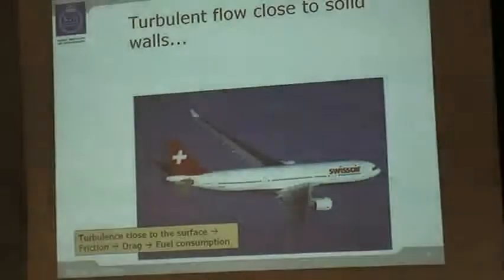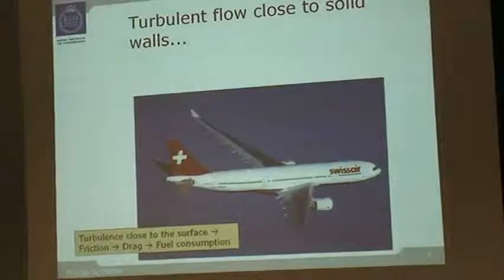So, what do we want in the end when we consider turbulent boundary layers? Essentially, we can consider our goal to be to predict the flow around such a body or an airplane. That means we will have turbulent flow probably on the wings and on the fuselage.